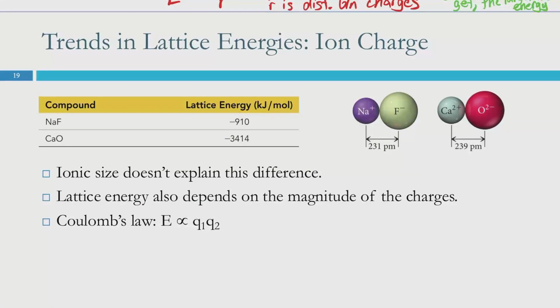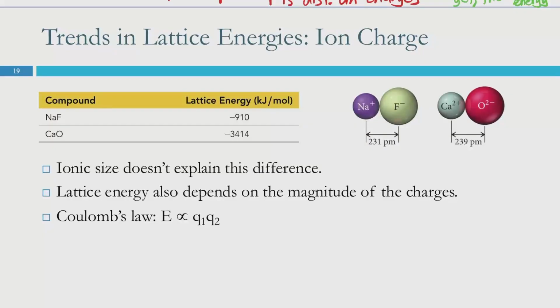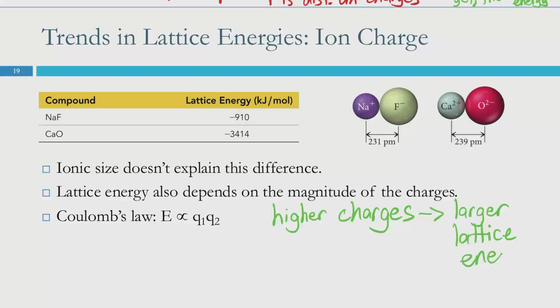Lattice energy also depends on the magnitude of the charges. Higher charges means larger lattice energy. And this is a bigger effect. This is a much bigger effect because we've got Q1 times Q2.